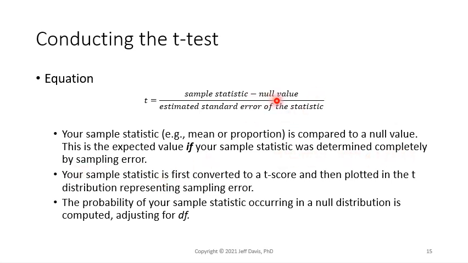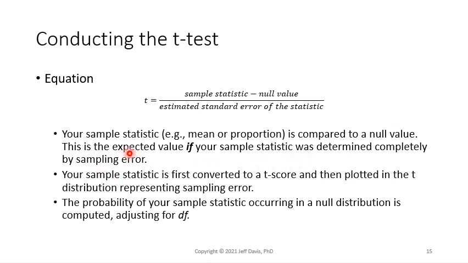The null value can represent other conditions, but for this class, that null value is always going to be the value that represents what your sample statistic would be if it was completely determined by random sampling error.